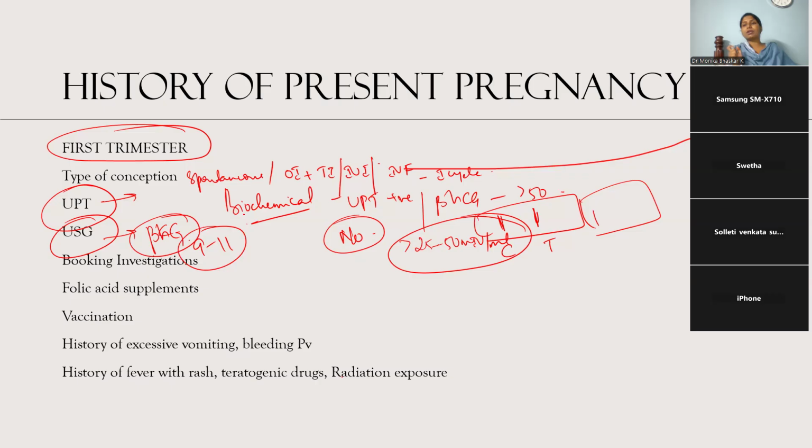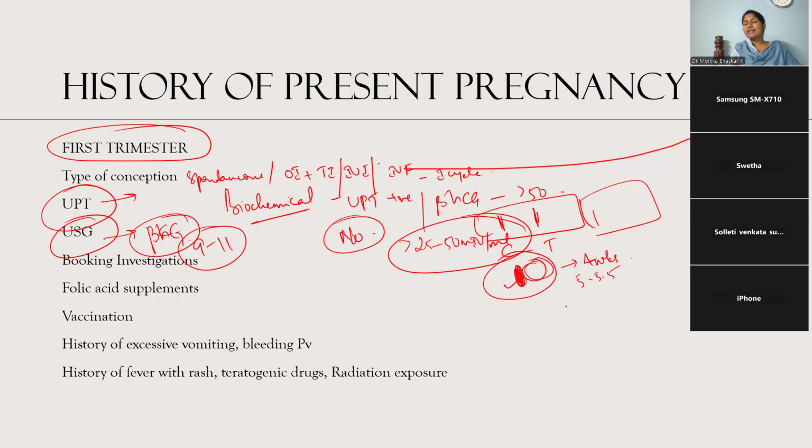So usually it follows an order. Firstly, there is appearance of the gestational sac, then the yolk sac, then the fetal pole, and then the cardiac activity. Usually the gestational sac appears around 4 weeks on a transvaginal ultrasound. Yolk sac appears around 5 to 5.5 weeks.